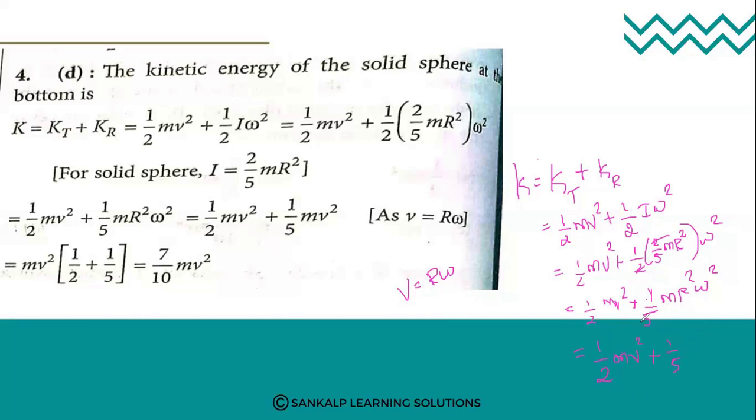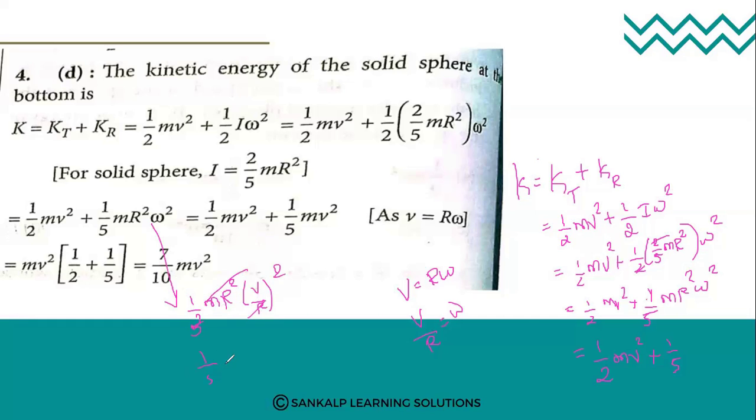In place of omega, we need to substitute the omega value, which is v by r. So 1 by 5 mr square into v by r whole square. Here this will be r square, so r square will get cancelled.